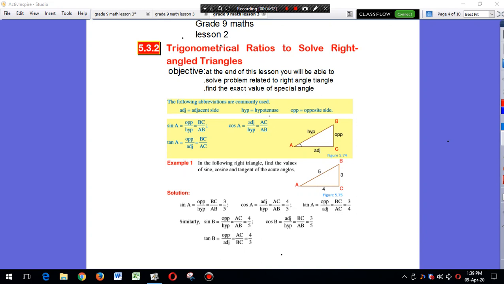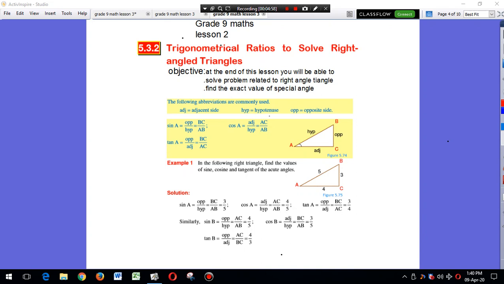In order to find the sine, cosine, and tangent values, we have two angles that will determine these values. The angles that we are going to use are angle A and angle B.